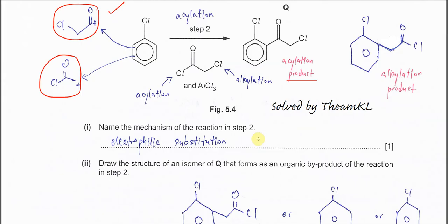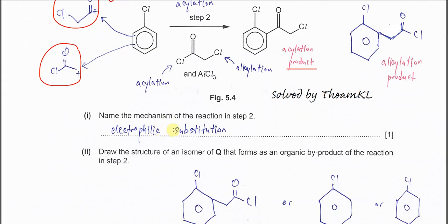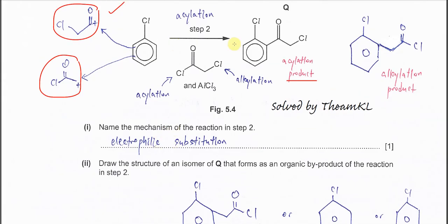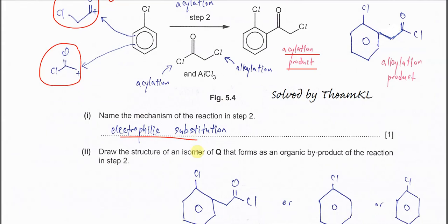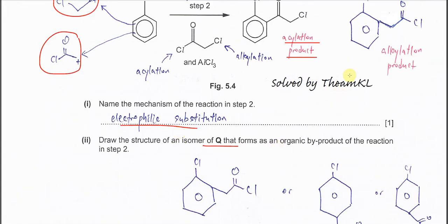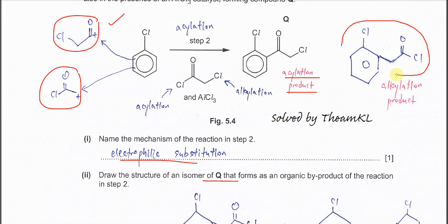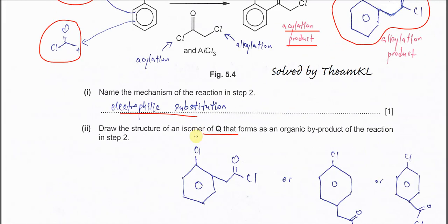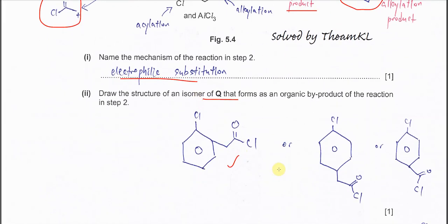Okay, so now part 1, name the mechanism for step 2. Step 2, because we know that it undergoes acylation, the mechanism is electrophilic substitution. Okay, draw the structure of an isomer of Q formed as the organic byproduct of reaction 2, so you can draw the alkylation product.